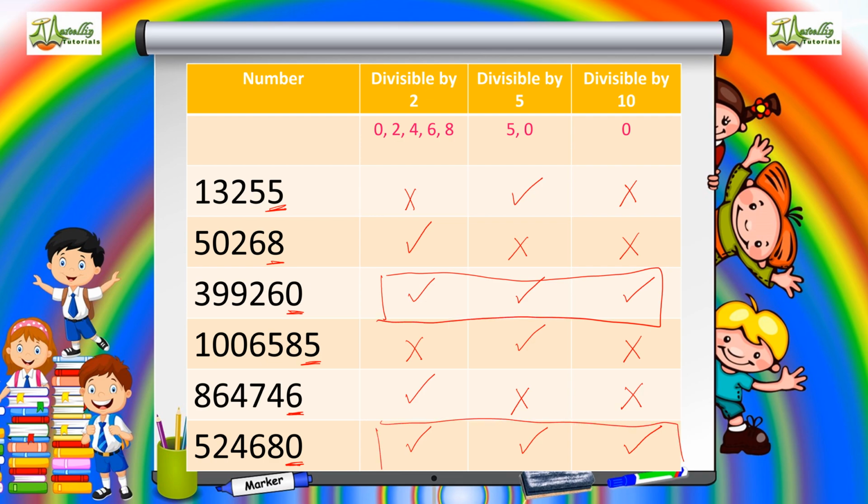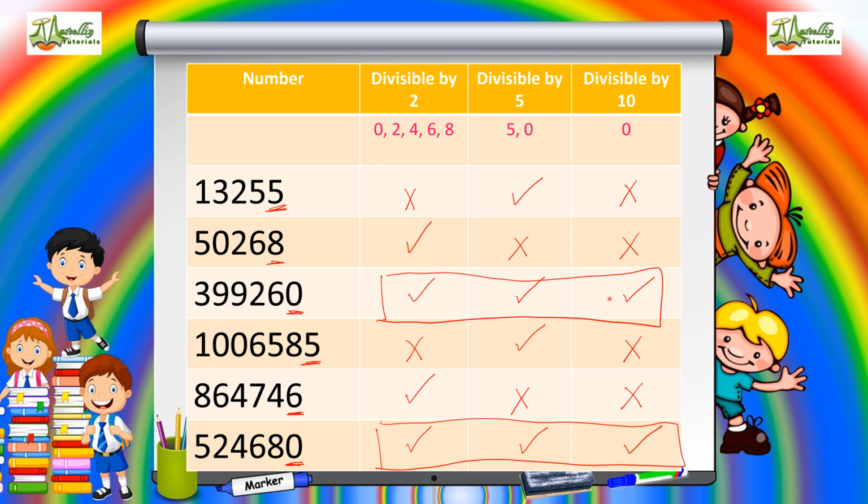Okay, you see, you have all the checks here for 2, 5, and 10. So, this portion here are all divisible by 2, 5, and 10.